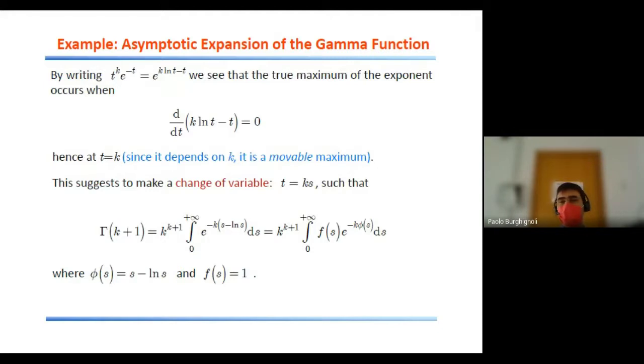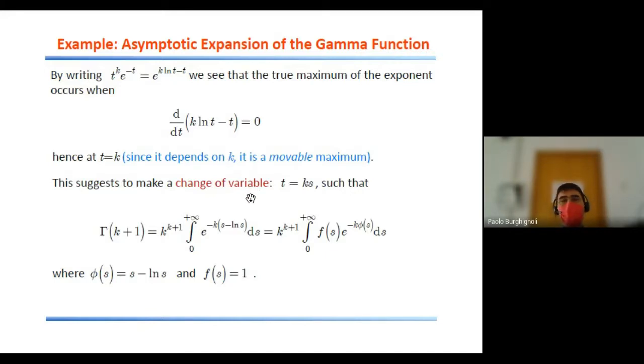This is, of course, not convenient, but we can avoid this difficulty by a simple change of integration variable, by introducing the new integration variable s, which is t divided by k. So in this case, what we get is that the movable maximum at k becomes a fixed maximum at s equal to 1.